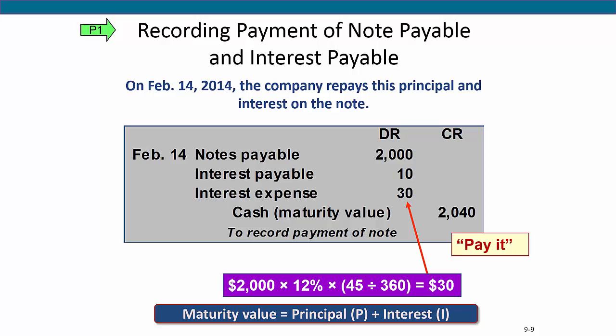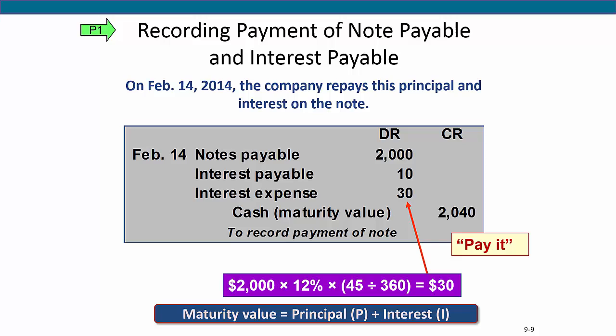The total interest is calculated by multiplying $2,000 times 12% and adjusting this amount for the 60-day life of the note. In this example, the total interest of $40 is divided between the amount incurred in 2015 for 15 days and the amount to be recorded in 2016 for 45 days.